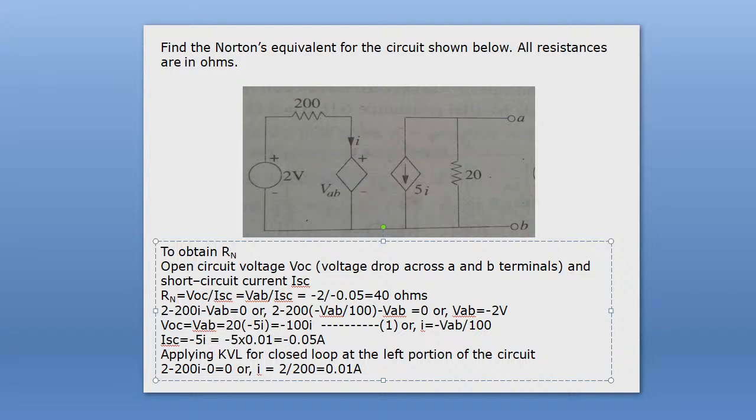So we need at least one more class to complete the theorems. You carefully read these theorems, and next class we will solve some problems.